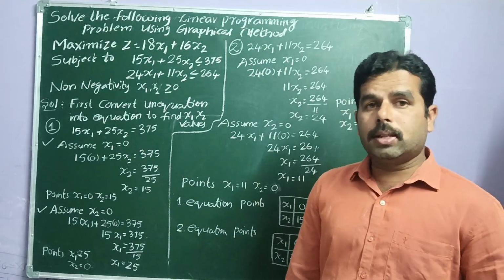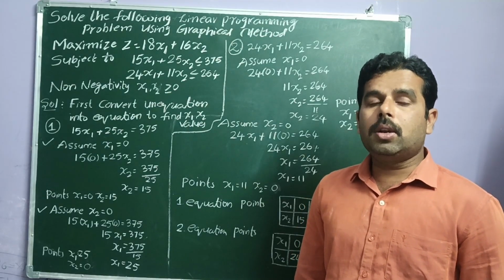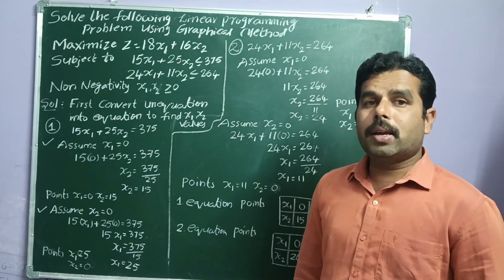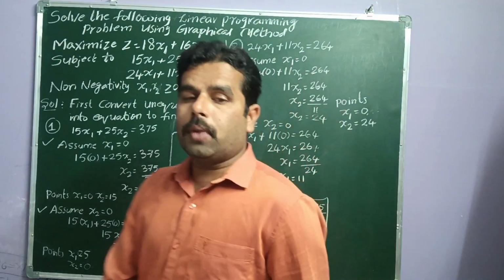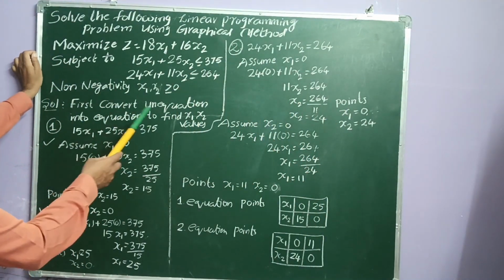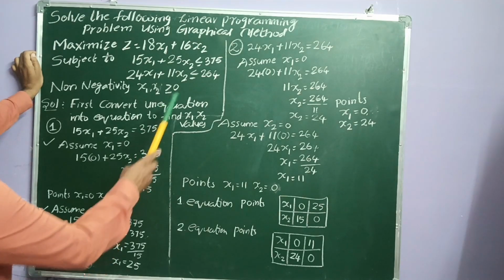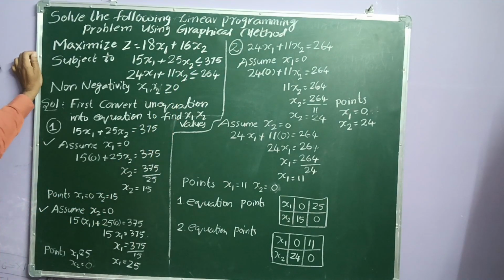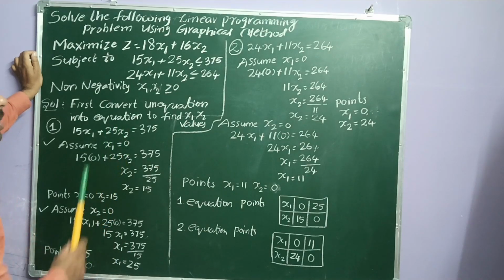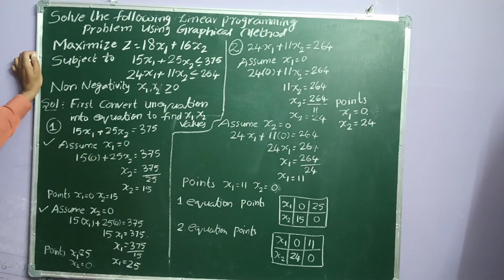First we will see step number 1, that an inequation should be converted into an equation to find the x1 and x2 values. Observe this problem carefully. We convert the inequation into an equation: simply remove the less than or equal to symbol and add the equals symbol. That is 15x1 plus 25x2 equals 375.